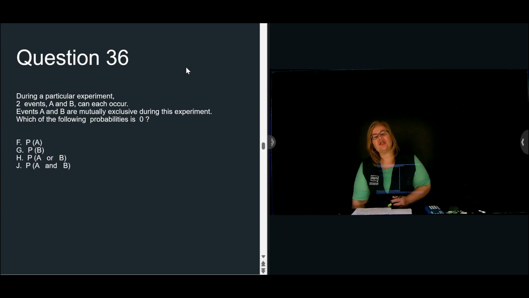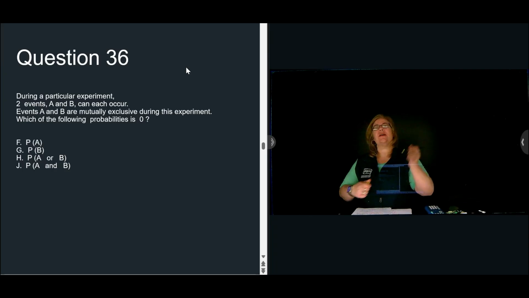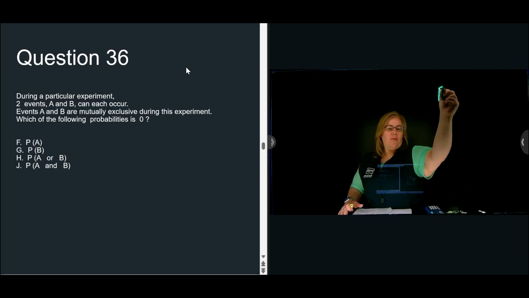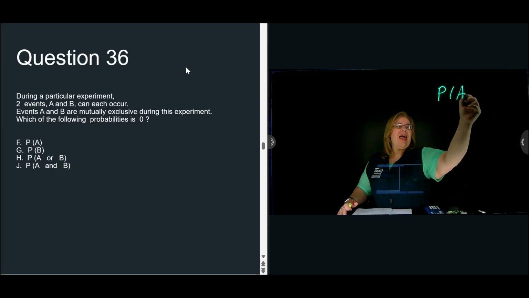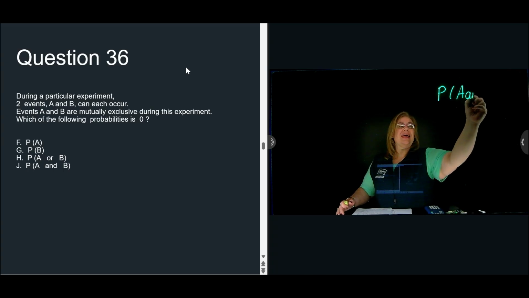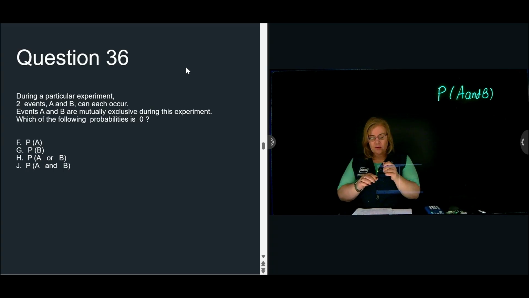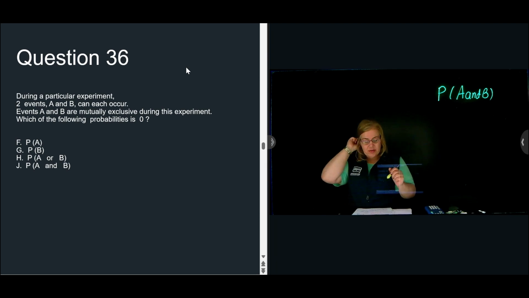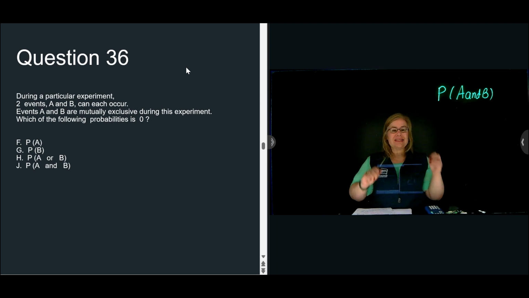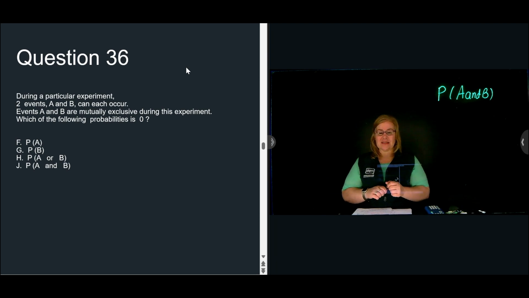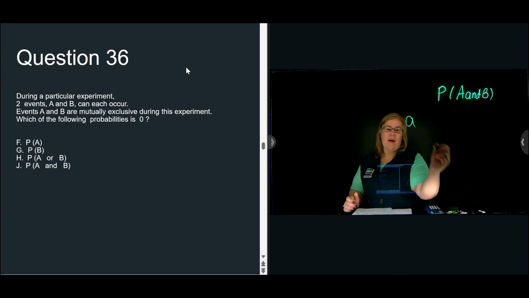So what I want to do is show you how to write this. I want to find the probability of A and B. We're looking for the probability of both of these. Now, it says that A can happen and B can happen.